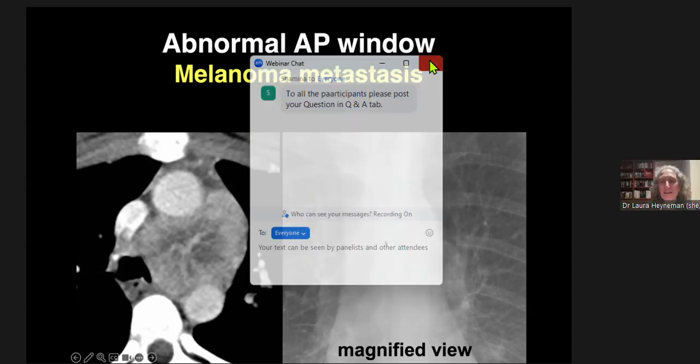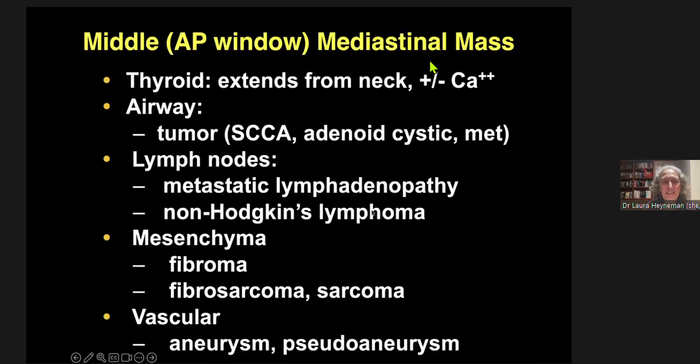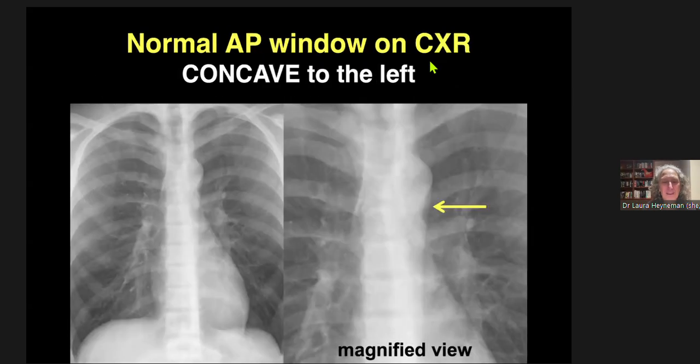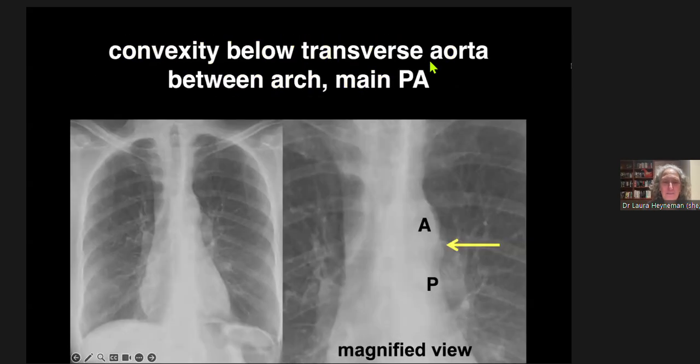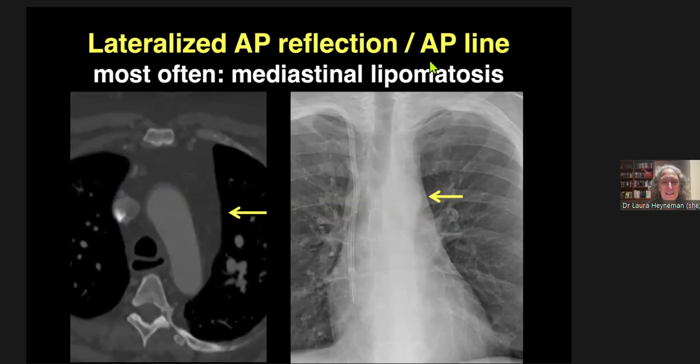Sure. The AP line is just the interface of the lung, the left lung, and the anterior mediastinum. The audience member is correct.